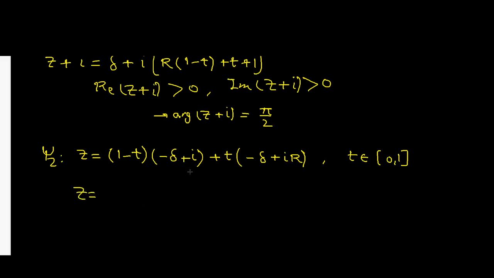After simplifying, we know that the real part is just negative delta, and for the imaginary part we get 1 minus t from here and t times R from the second term.